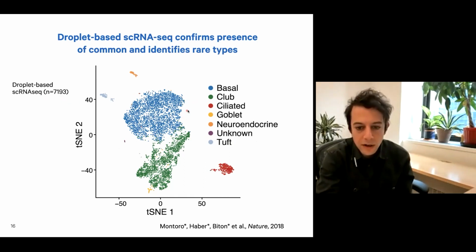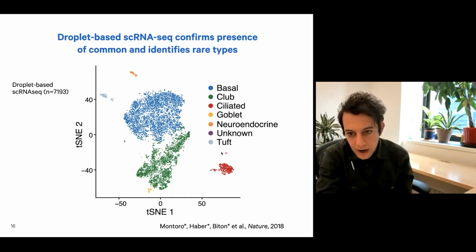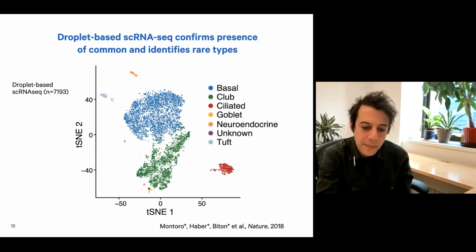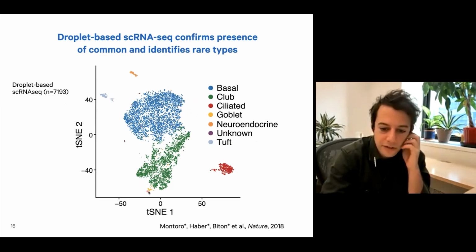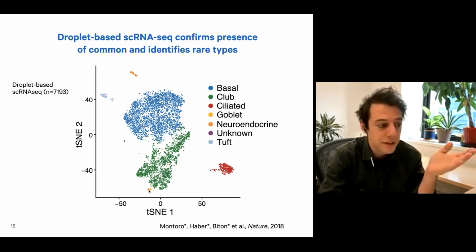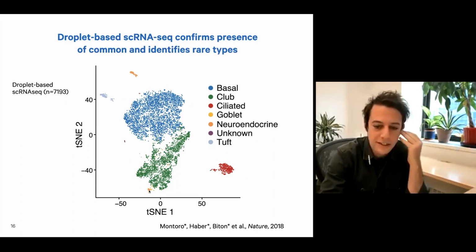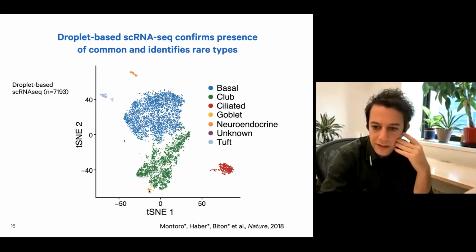But what we saw that was perhaps not surprising was 90% of the data was comprised of these 3 canonical types: basal, club, and ciliated. But then we do see these rare clusters corresponding to some more rare types of epithelial cells, so goblet cells down here, which in the mouse trachea are actually very rare at homeostasis. That's not, of course, true of human lungs, but in mice, there are not very many goblet cells in the mouse trachea. But we also had some tuft cells and neuroendocrine cells.